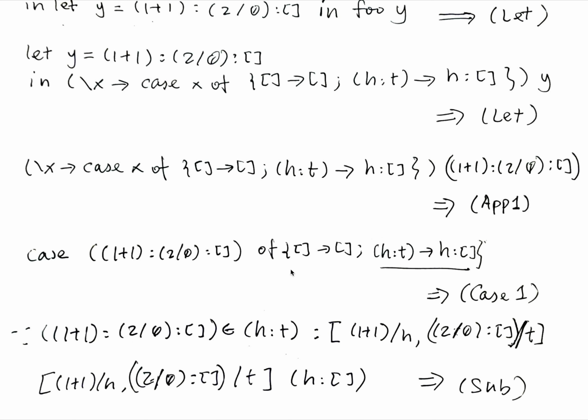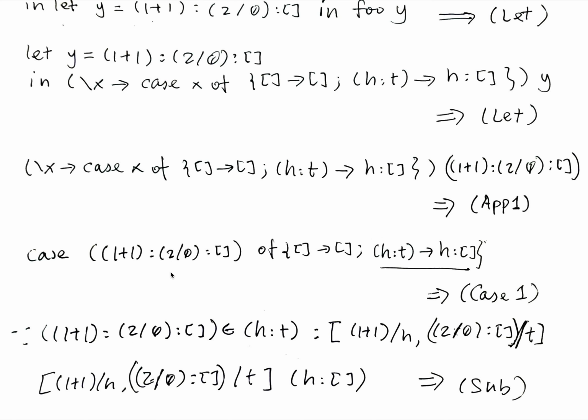as the next step for us to evaluate. And notice that the conditional expression here for the case expression is already in weak normal form, because at the top level we are exposing the cons, which is a data constructor. We can apply the case 1 rule to search on the right hand side for the matching pattern.